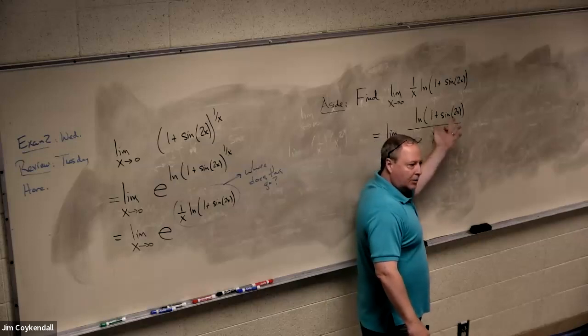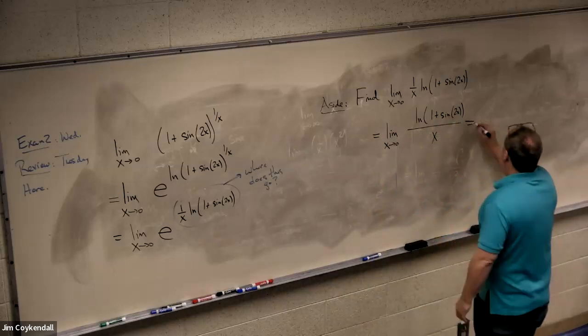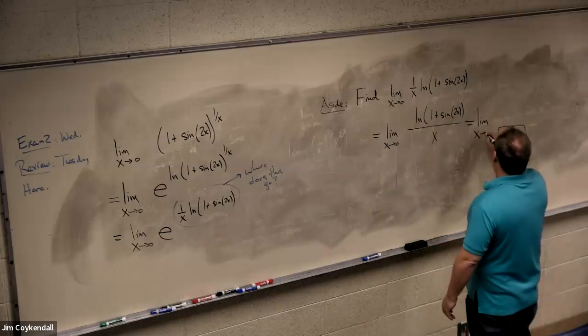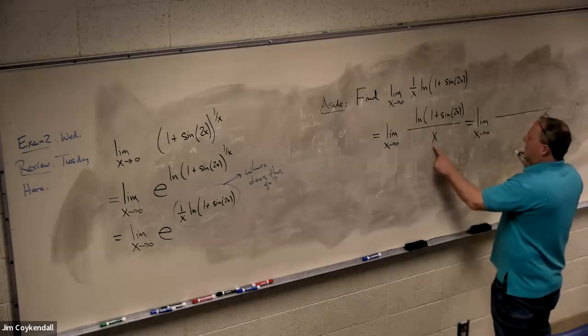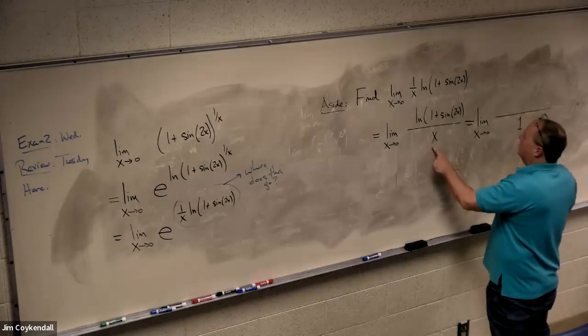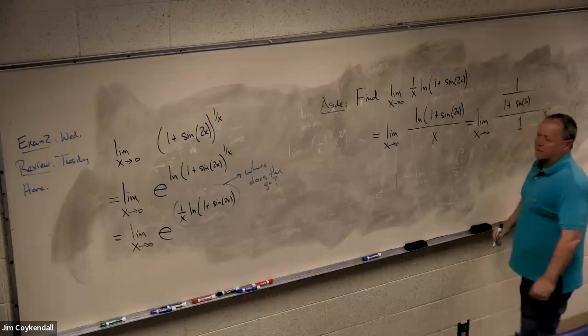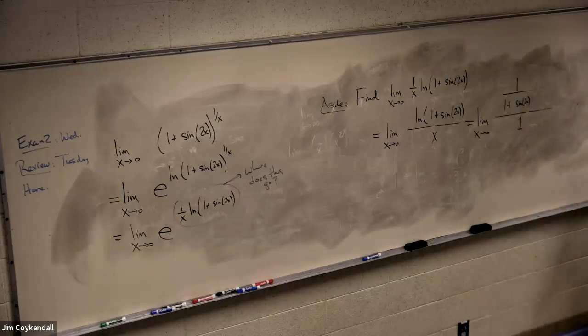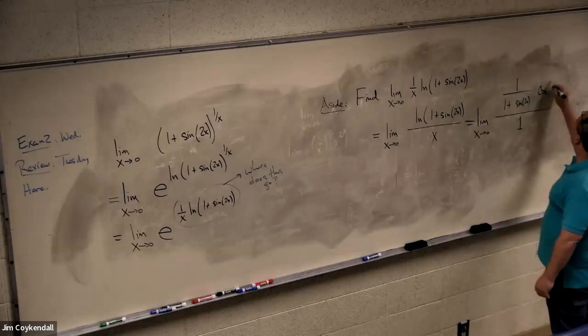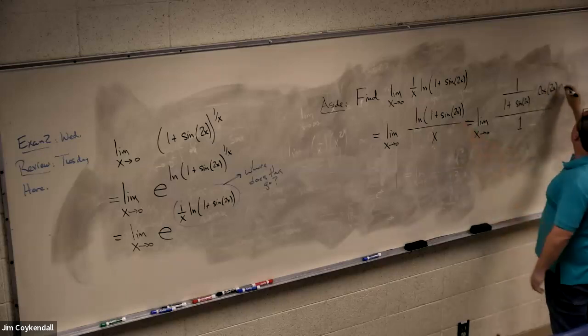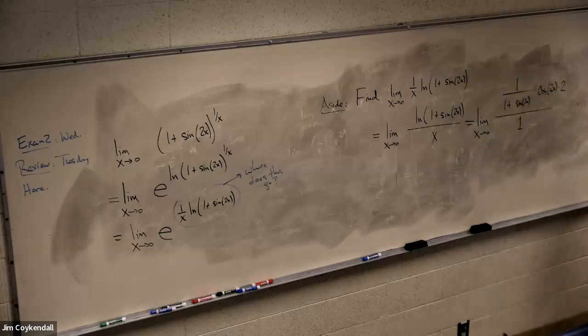So this is prime for L'Hopital's rule. The derivative of x is 1, and the derivative of the top is 1 over 1 plus sine of 2x times cosine of 2x times 2.